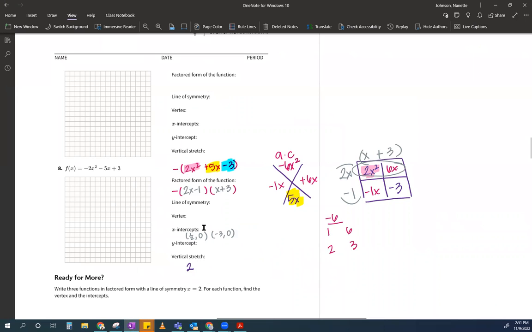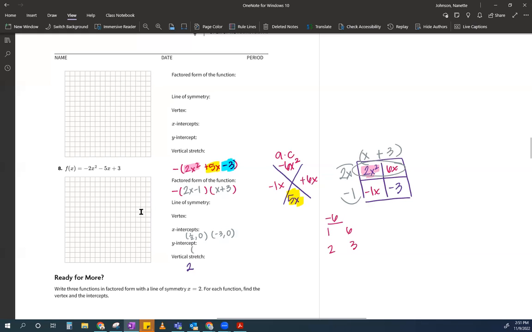And the answer is yeah. Okay, so smack in between 1/2 and negative 3 is that negative 1.25. We won't write this down right now. We'll write it later. But where's your y-intercept? Very good. My y-intercept is 0,3.